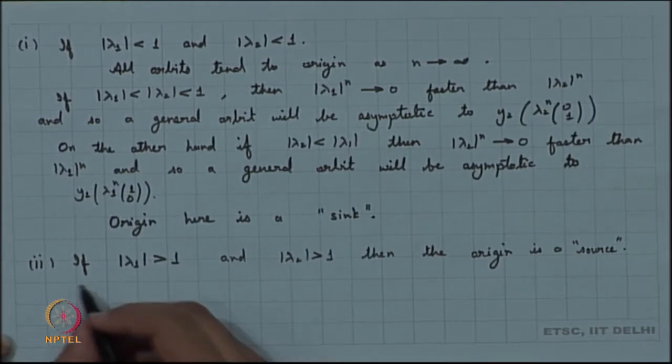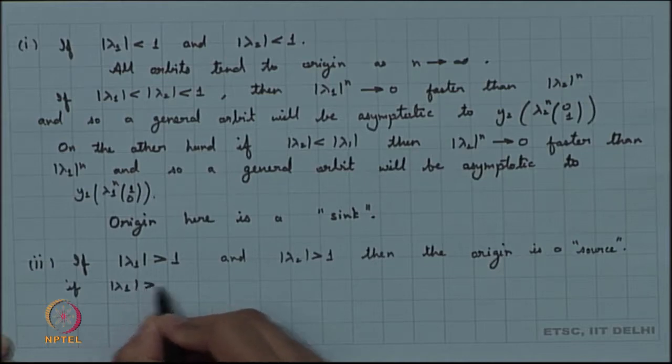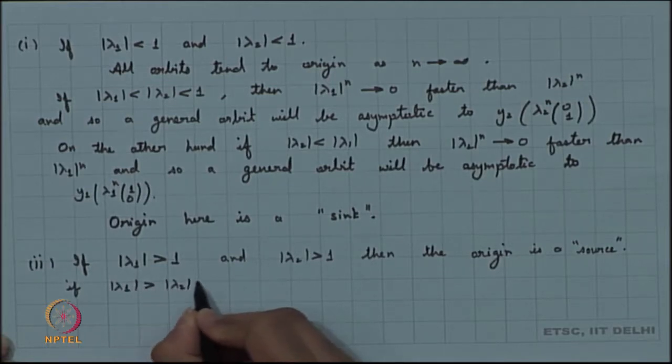So, what happens if mod of lambda 1 is greater than mod of lambda 2 is greater than 1? What happens in that case?